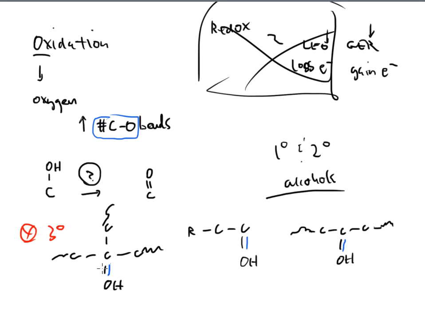And the fourth one went to the OH group, and a fifth one went to an OH group. No, this is not going to happen. And that's the problem. Tertiaries have no spot for an extra bond between the carbon and the oxygen. It gets overloaded. And because of that, they do not undergo oxidation reactions.